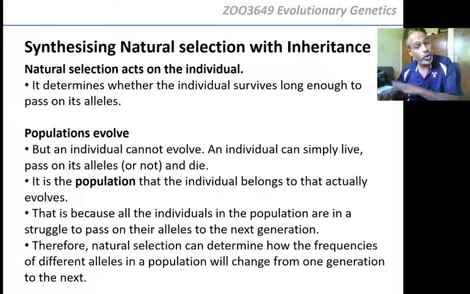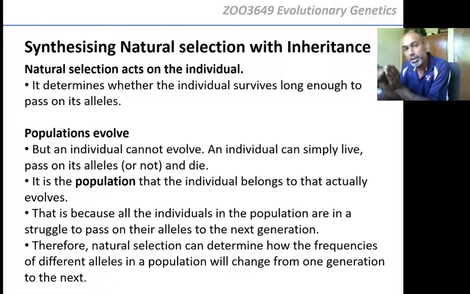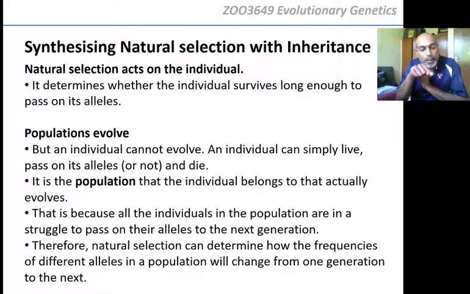Not all the individuals in generation 1 will have kids in generation 2, so some of them won't contribute. That means the alleles or genes in generation 1 will not be identical to the genes in generation 2, because some of those alleles will not be passed on because those individuals were not fit.